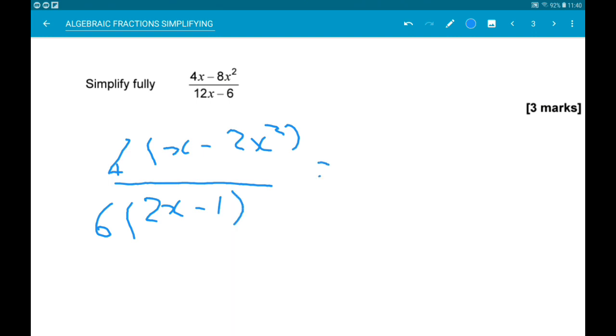Okay, now the 4 and 6 have a common factor of 2, so we can write this as 2 lots of x minus 2x squared over 3 lots of 2x minus 1.